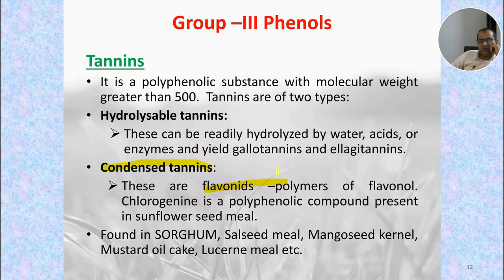Then chlorogenin is a polyphenolic compound, which contains multiple phenol compounds. This is present in the sunflower seed meal. So the sunflower seed meal does contain tannins as anti-nutritional factors. It is also found in sorghum.